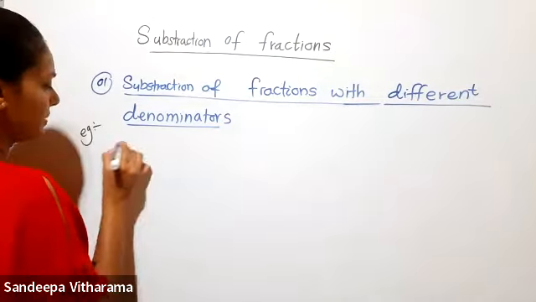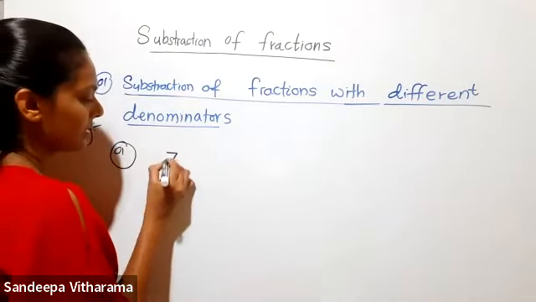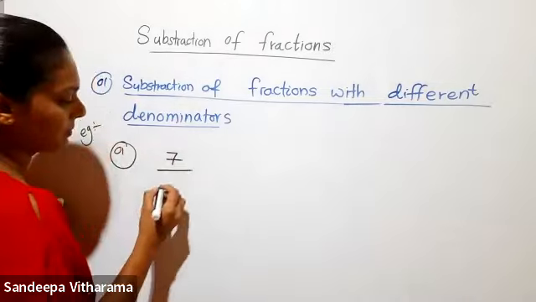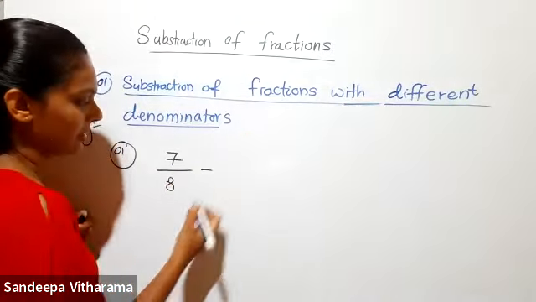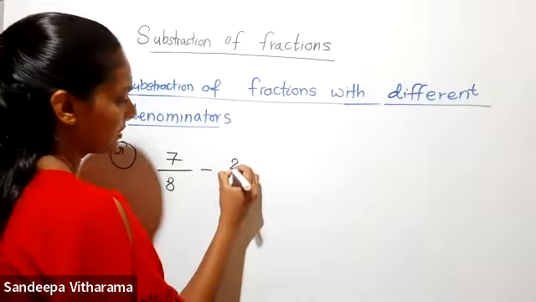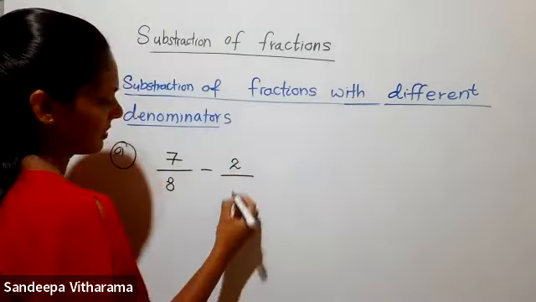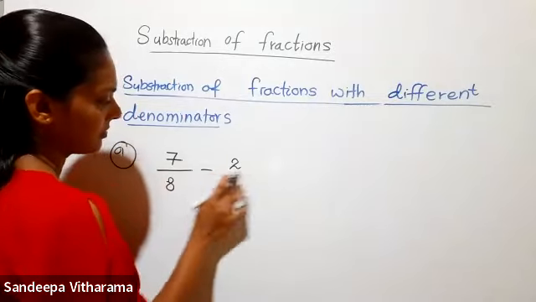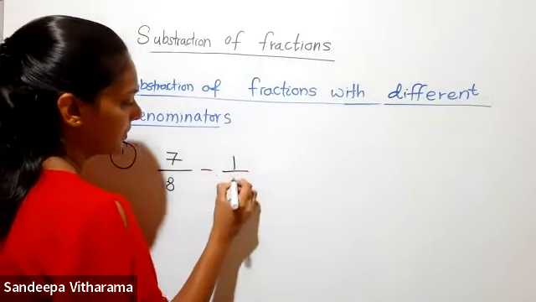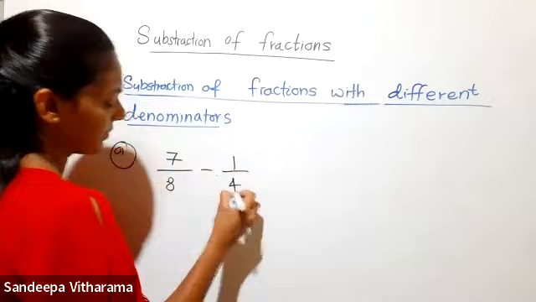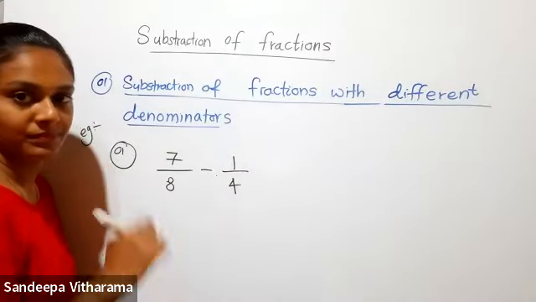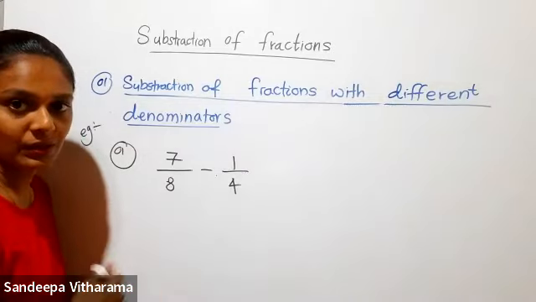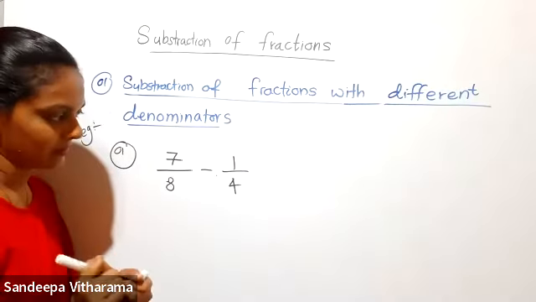For example, look at 7 upon 8 subtracted by 1 upon 4. Okay, so let's see here. Very simple question, no? What is the common denominator?